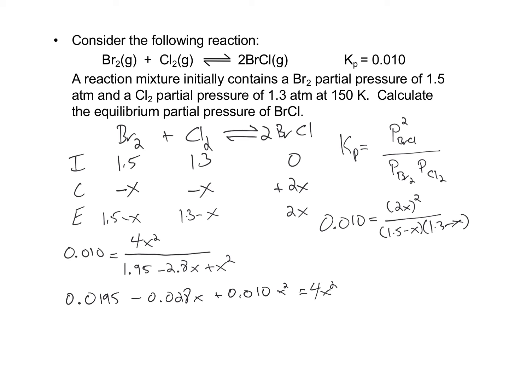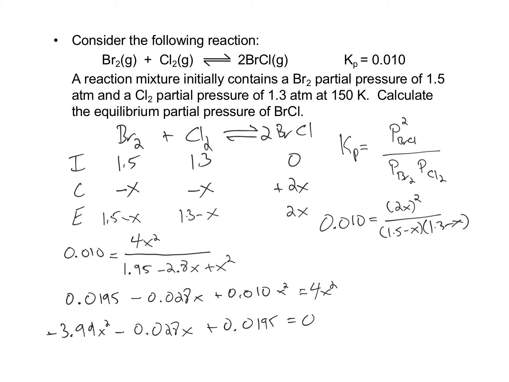Alright, and now we need to subtract 4x squared from both sides. And so I'm going to rewrite it with the x squareds first. And so we're going to have minus 3.99x squared minus 0.028x plus 0.0195 is equal to 0.